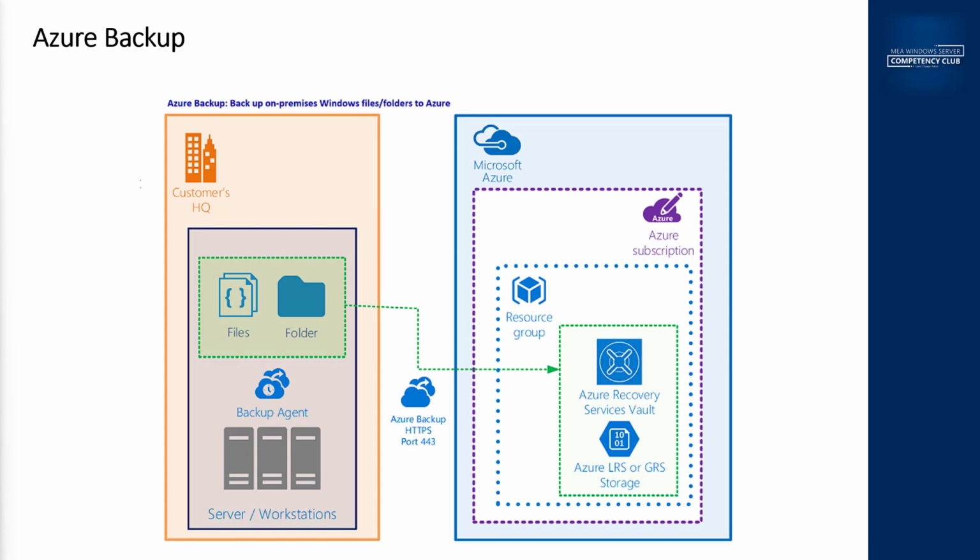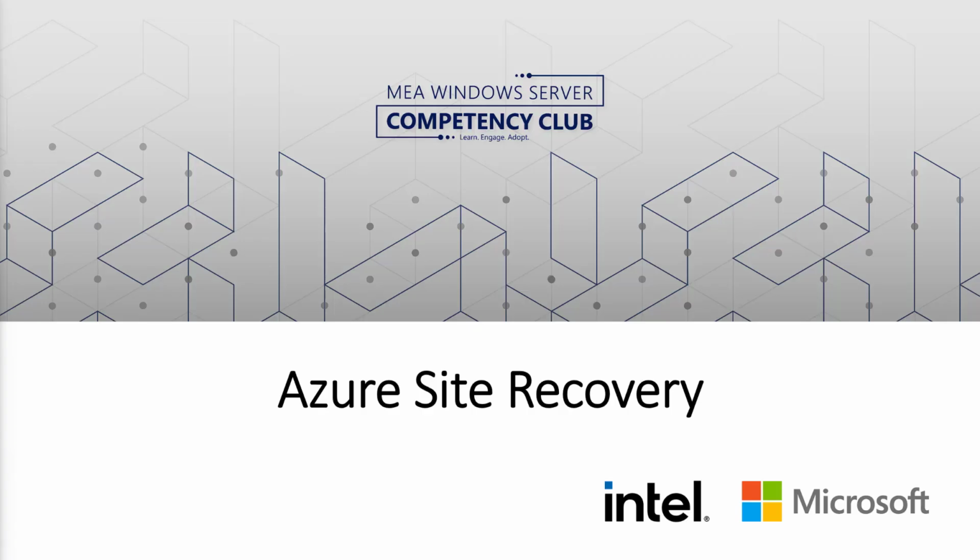So now the backup agent on my target server backs up files, folders, and system state to the Azure Recovery Services vault. So this, let's say, somehow complex infrastructure is automatically configured via the Windows Admin Center. And it's similar with the Azure Site Recovery.